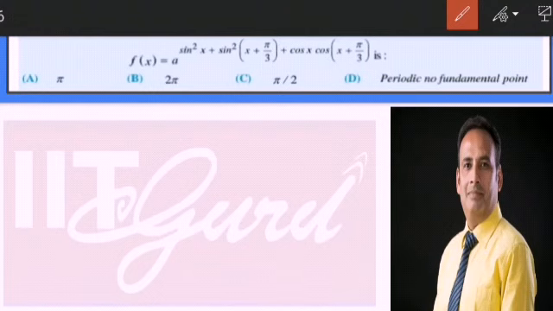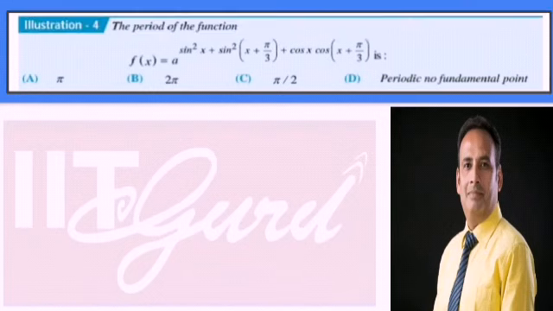In this question, it is very easy to understand if you solve it by using the concept of trigonometry. Better you reduce this by using trigonometry.